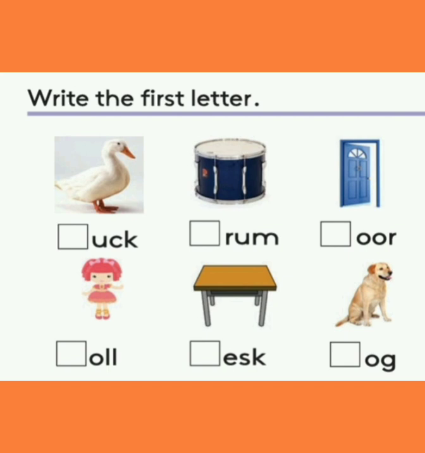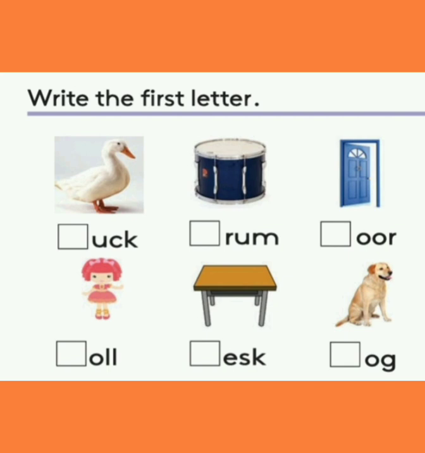Write the first letter. Okay, the first letter is missing. You have to write out the missing letter. Okay, so we have already learned these words before. Duck, drum, door, doll, desk. It is a new word. Okay, desk, dog. Okay, D sound. Okay, it comes with D sound.